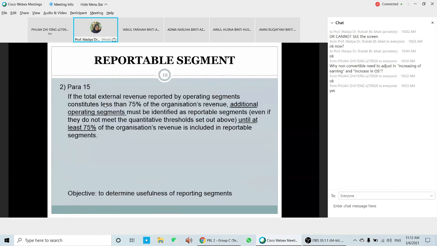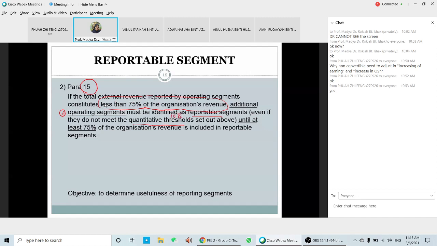Before the examples, para 15 mentions another important thing. If the total external revenue reported by the operating segments constitutes less than 75% of the organization's revenue, additional operating segments must be identified as reportable segments, even if they do not meet the 10% quantitative threshold test.